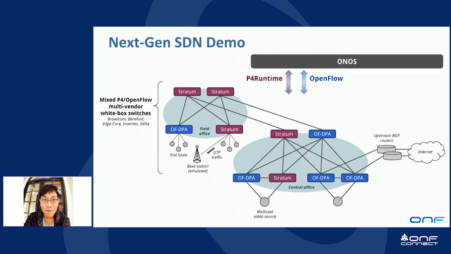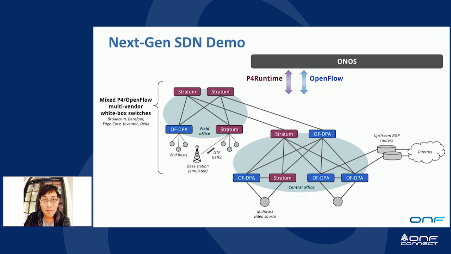So to control this hardware, of course, we need a controller. Notice that we have two different kinds of devices in this topology, the OpenFlow OFDPA devices and the P4-enabled devices running Stratum. One good thing is that ONOS has really good southbound abstractions that allow us to control different kinds of devices using a single ONOS cluster.